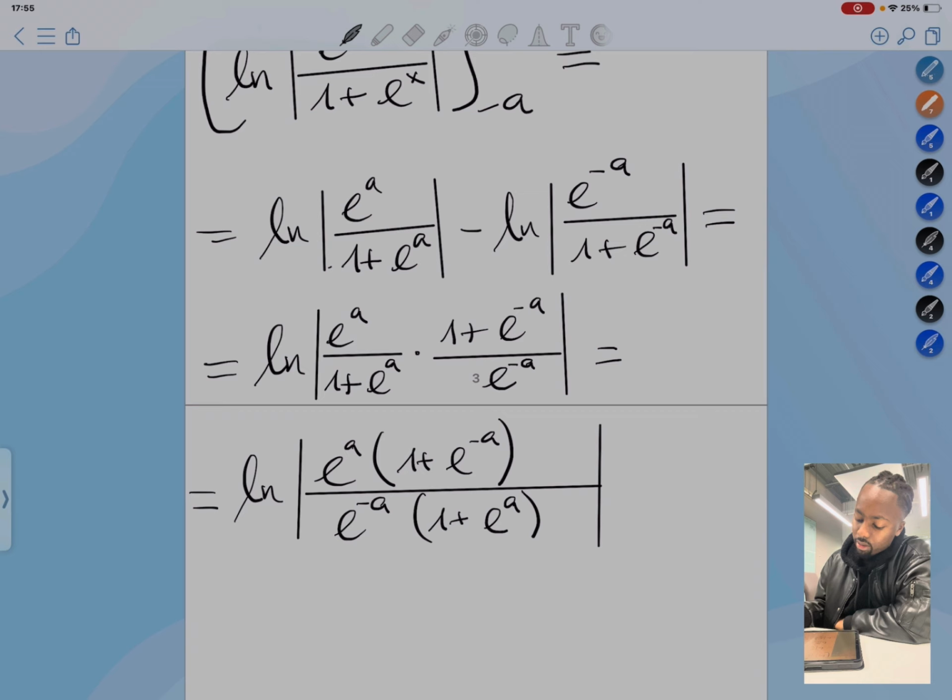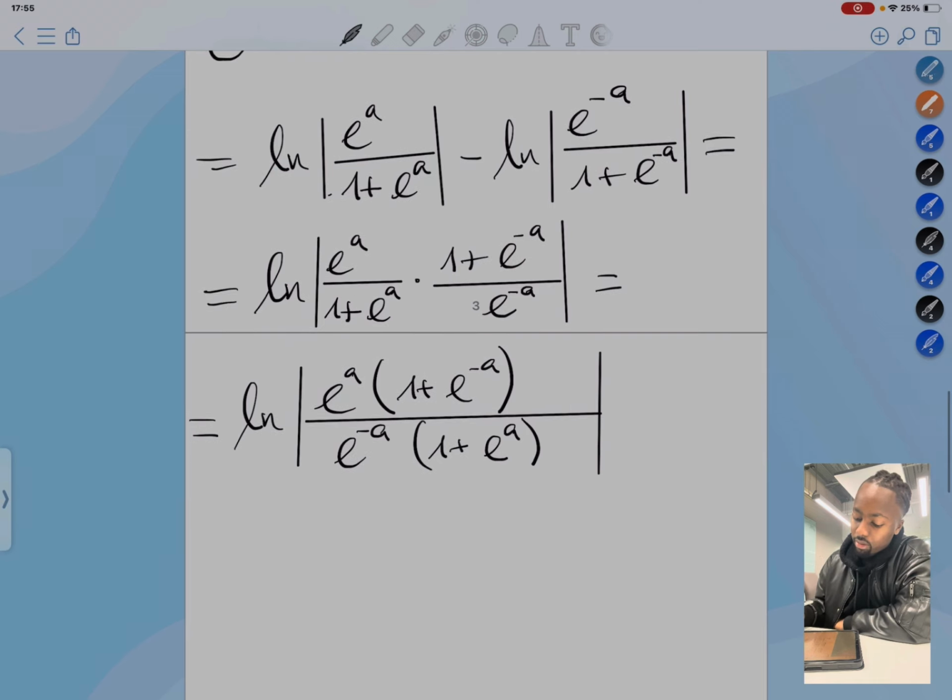Now what we are going to do, this e to the power minus a here, I'm going to write it as 1 over e to the power a.